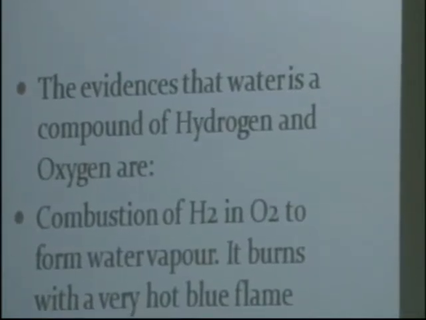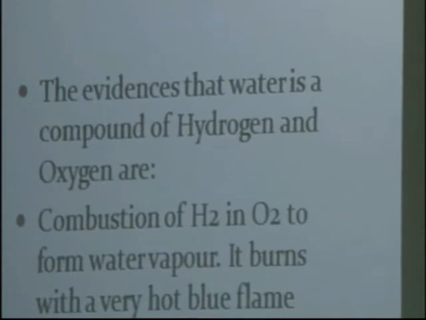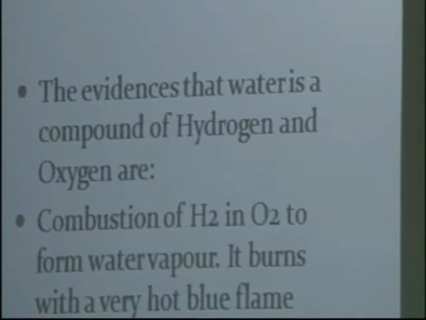Number one is combustion. When you take hydrogen and oxygen and you burn them together, it always produces steam. When you take the steam and you cool it down, it turns to water. So combustion of hydrogen and oxygen always produces water. That is the first evidence that water is a compound of hydrogen and oxygen.